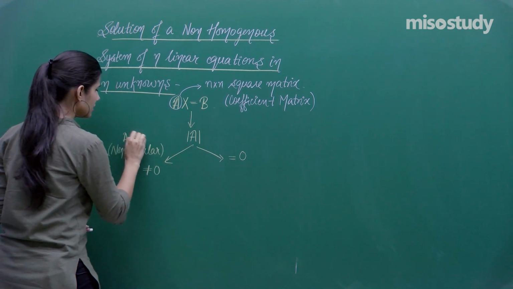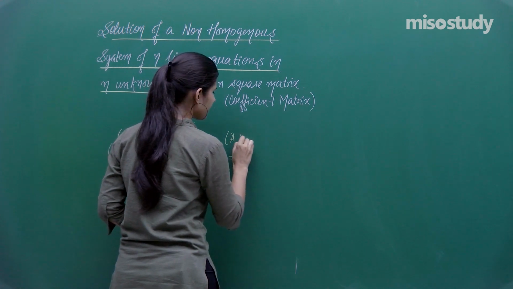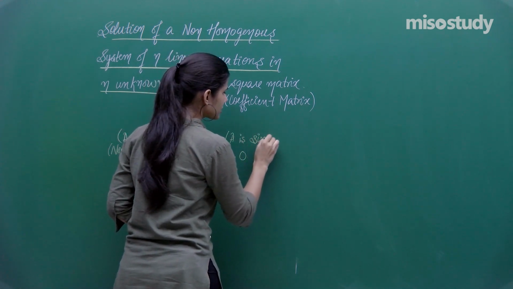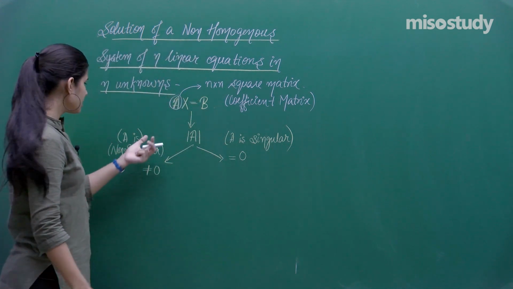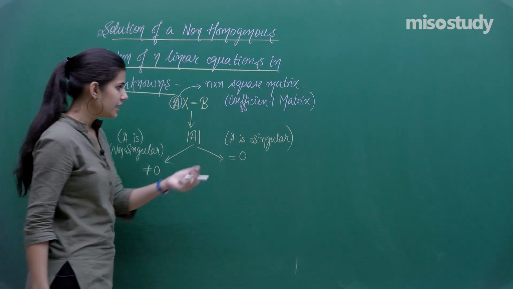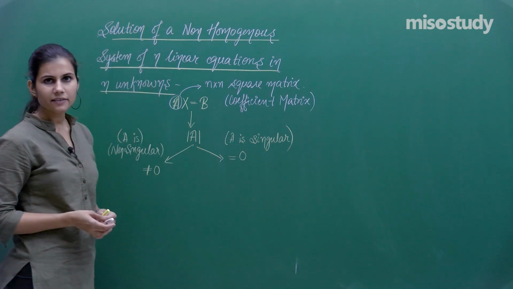A is non-singular, and if it is equal to 0, this means A is a singular matrix. A is non-singular means A inverse exists. A is singular means A inverse does not exist. Here what did we derive as the conclusion?